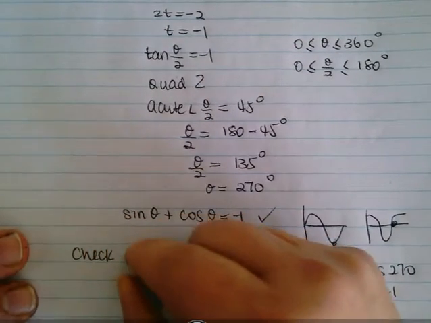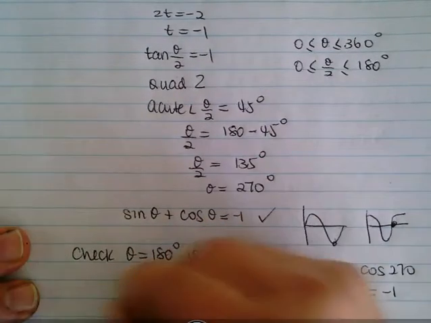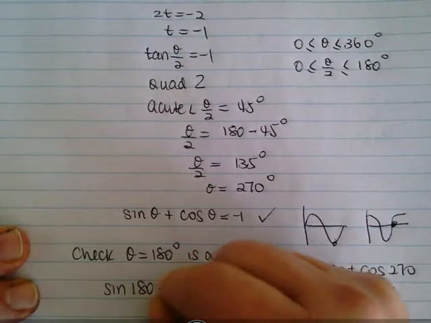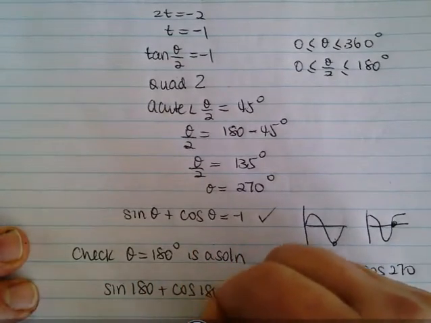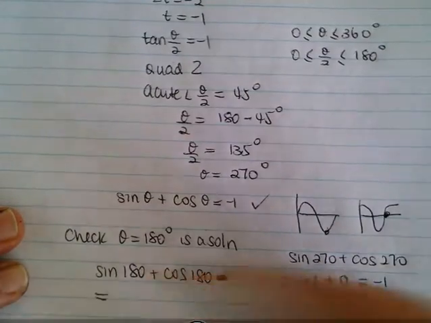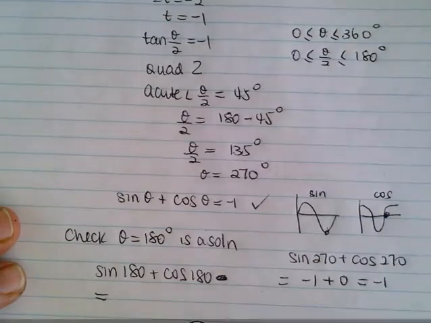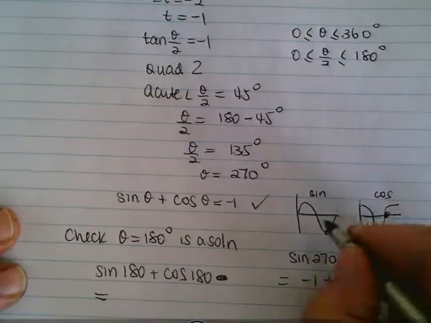You now must check if theta is 180 is a solution. So let's try. Sine of 180 plus cos of 180. We need to see if it's negative 1. What's sine of 180? That's the sine curve. That's the cos. What's sine of 180? There it is.